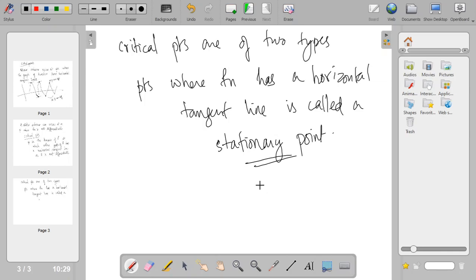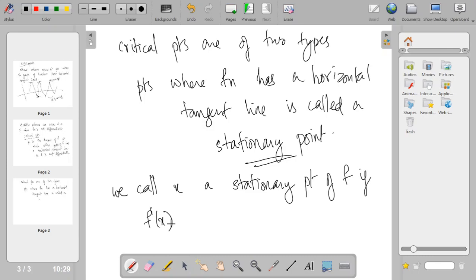So at a stationary point you will have f dash of x equal to 0. We call x a stationary point of f if f dash of x is equal to 0. So f dash of x must be equal to 0 at a stationary point.